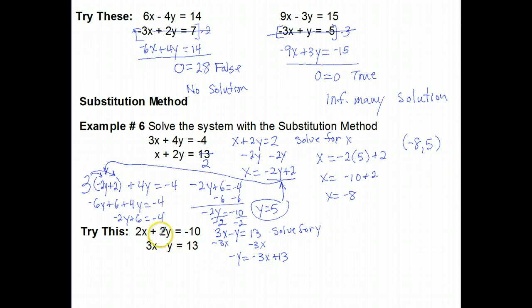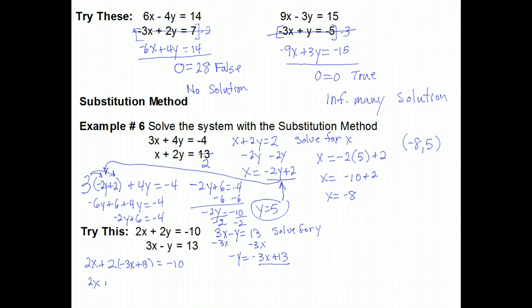And then we take the equation that we didn't use in the first step, which is this one up here, and we put a parentheses in for the variable that we solved for. We solved for y, so the y becomes a parentheses. Basically, it's a place to put this. Take this and substitute it in. So where the y was, it now becomes negative 3x plus 13. We distribute the 2.